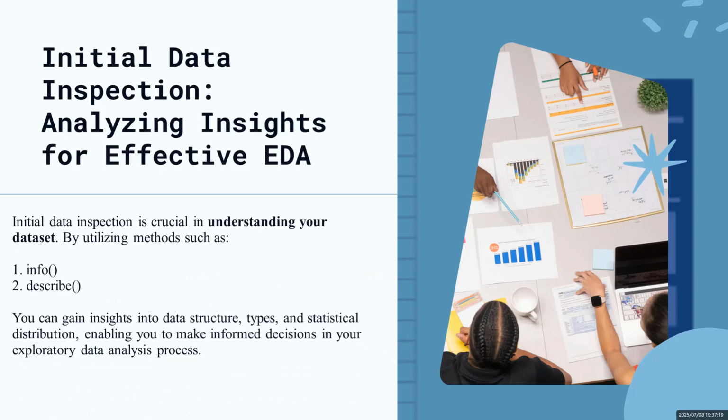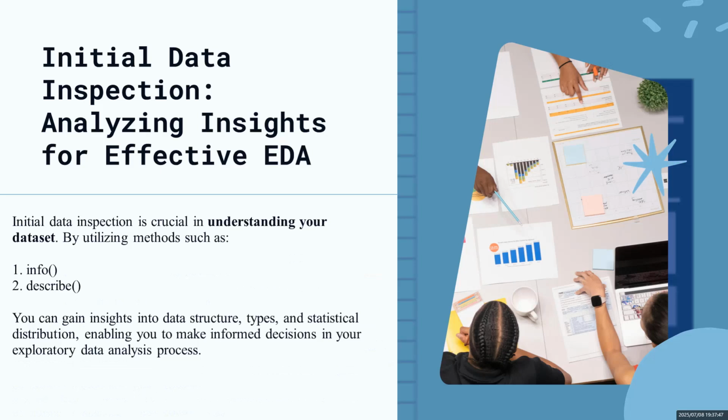Right, so the initial data inspection is crucial in understanding your data set. There are methods we can use, such as the info and describe methods. This is very important because you need to understand the nature of your data set before you can determine what modeling process or procedure you need to embark on. It's very important that you understand the number of features that you have and what exactly you are looking out for.